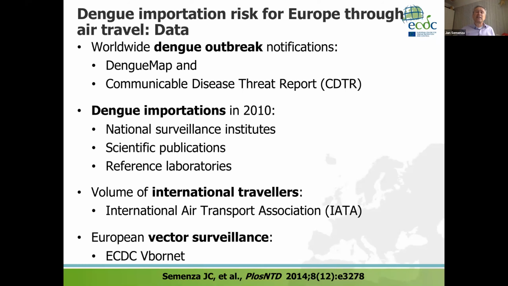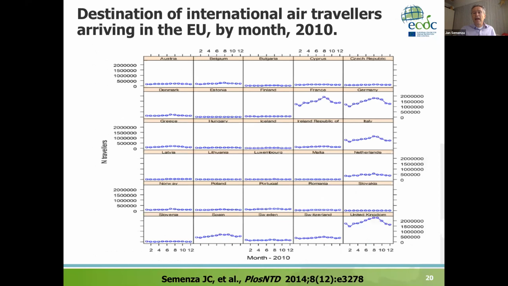And so these are the data that we tapped into in order to assess this relationship between dengue outbreaks and passenger volume. Is it possible to model the dengue risk using passenger volume? And here on this slide, we see the destination of international air travelers coming from anywhere in the world into Europe by country.